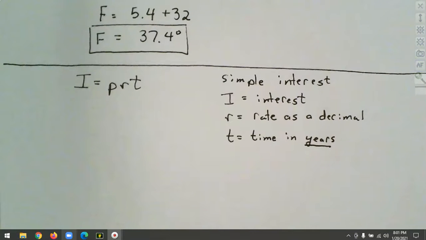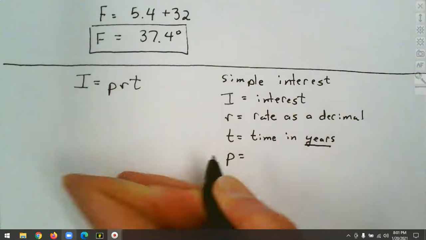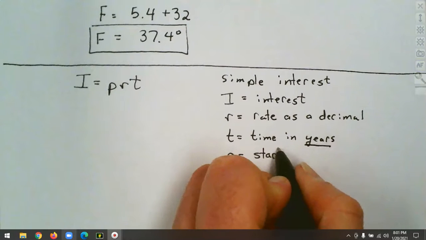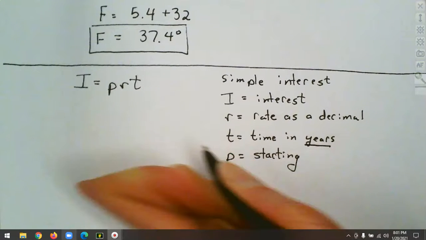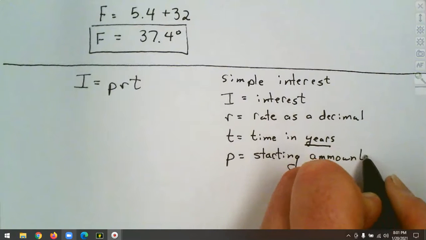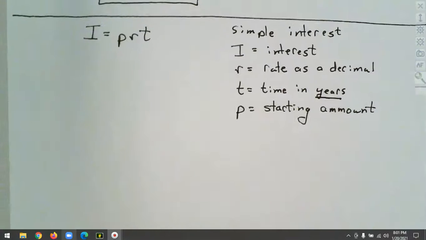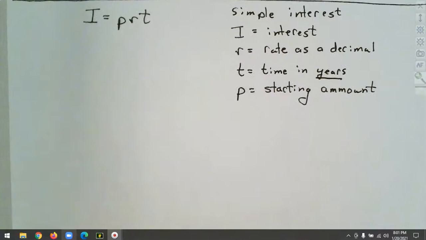We have to make sure time is in years, and P is the principal or the starting amount. So this is our formula, and we're going to be using this formula to solve this application.